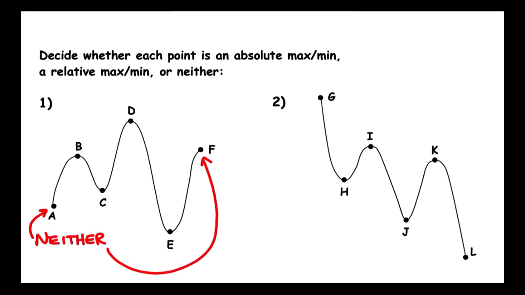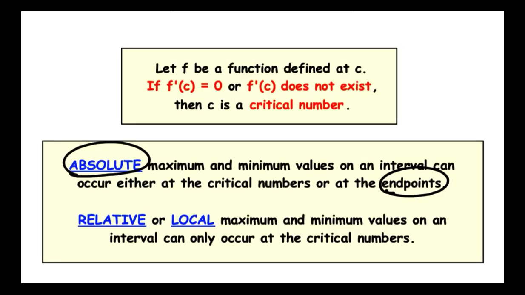And if you back up one slide, you'll see that the endpoints are either absolutes or they're nothing. The critical numbers can be either one. The critical numbers can be absolute, or the critical numbers can be relative or local. But the endpoints, if you're not an absolute max or absolute min, we have to call you nothing. And that's what I just did.